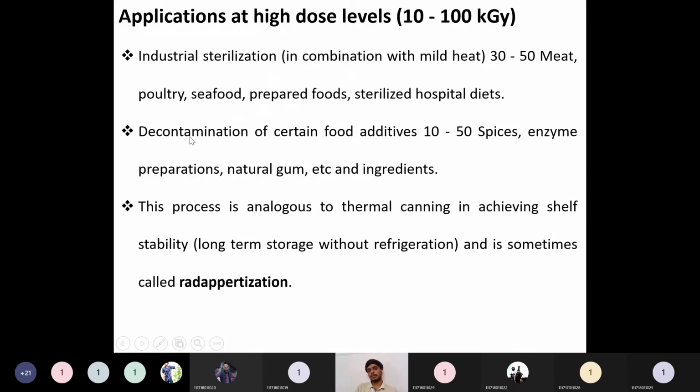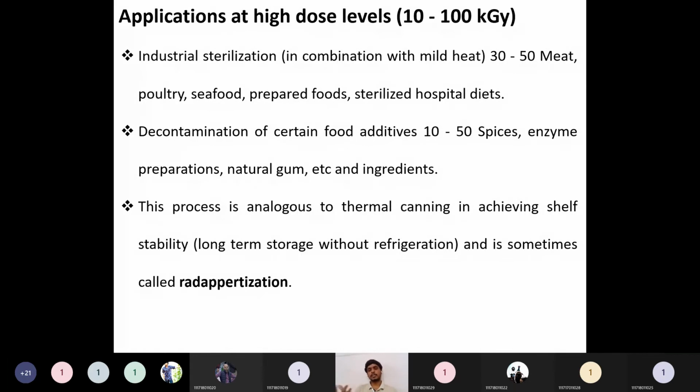Then decontamination of certain food additives. So additives which are added in spices or some enzyme preparations or some natural gums can also be decontaminated using this level of high-dose irradiation. So this process is analogous to thermal canning in achieving shelf stability and long-term storage without refrigeration, and is sometimes called radappertization. So these radappertization products can obviously be used without any refrigeration for a long period of time.